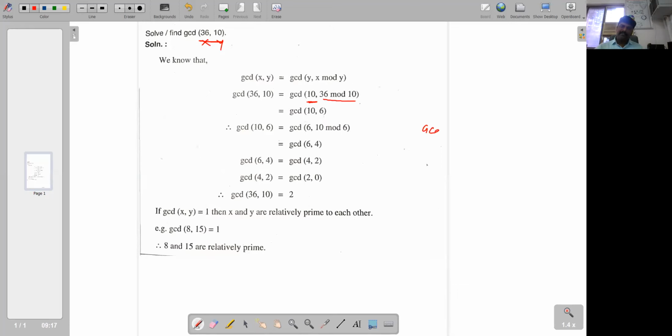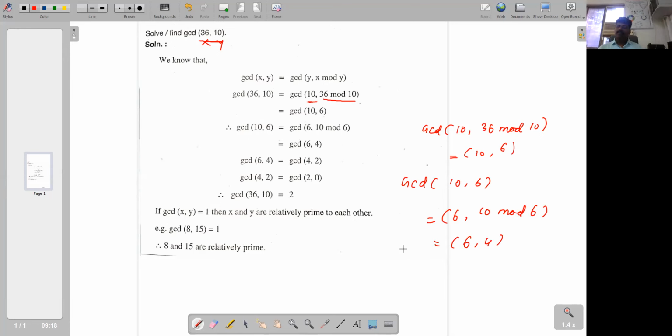So GCD of 10, and we keep the remainder part, 36 mod 10. What value will we get? 6. Now we need to find the GCD of 10, 6. In that case, we take the y first: 6, then 10 mod 6, which will give 6, 4.